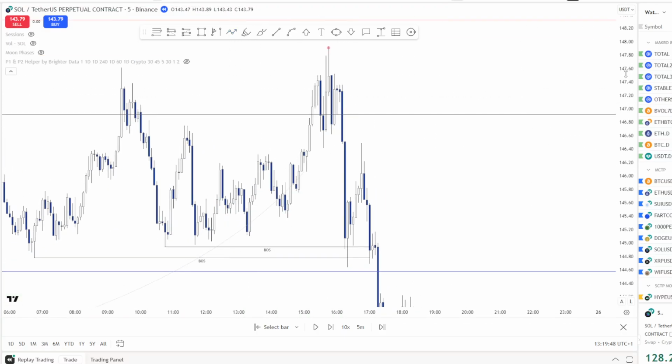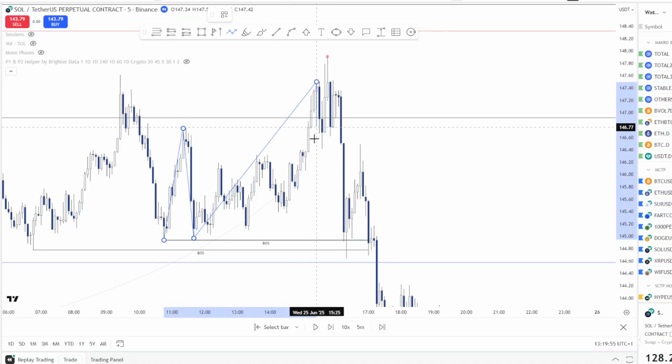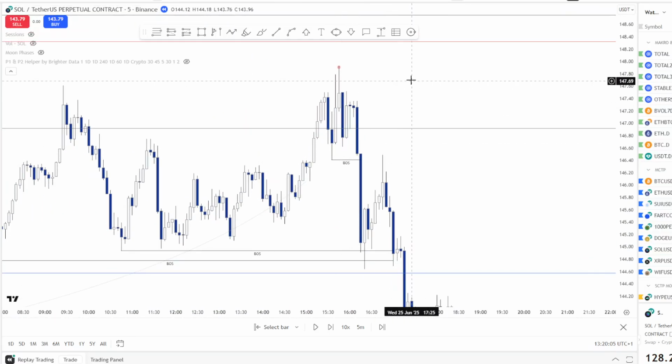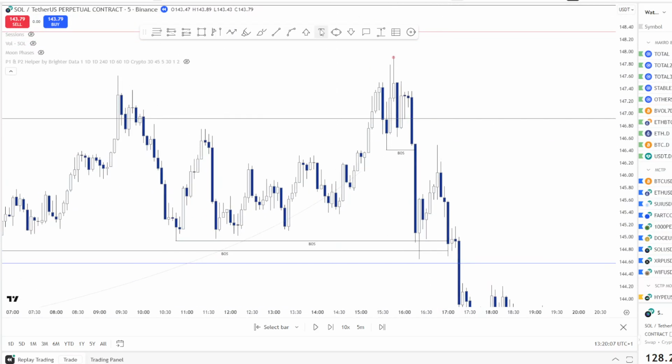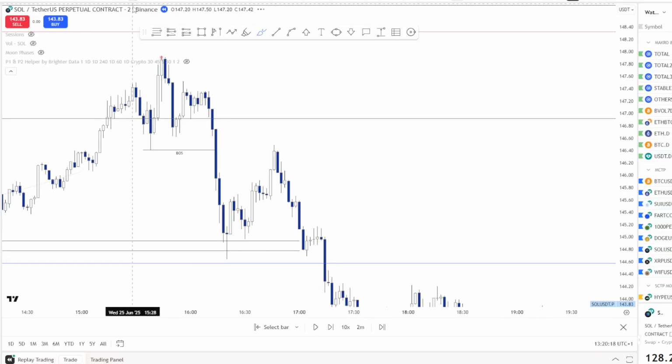But look at that. On the 5, we have this. So this is better. This is our 5-minute. And now maybe we get some structure here where we can refine our entry even more. On the 3, nothing.